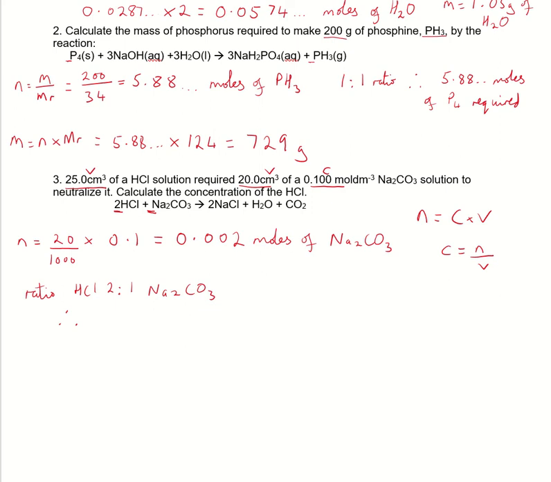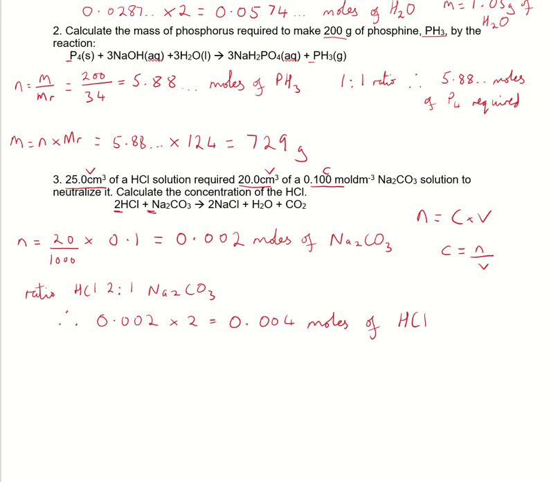So I therefore need to double this. 0.002 times 2 moles of HCl. Notice that I'm always writing what I'm referring to with these numbers. Makes the job of the examiner much easier, and if you do that, they tend to be happier. And happier people are more likely to award marks.